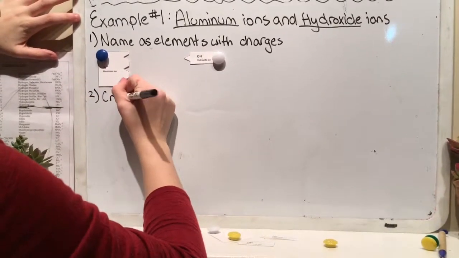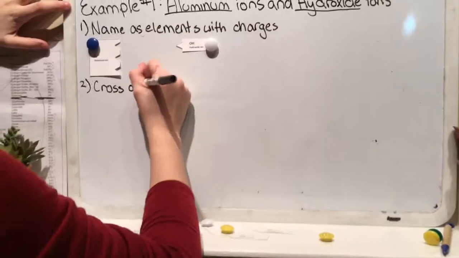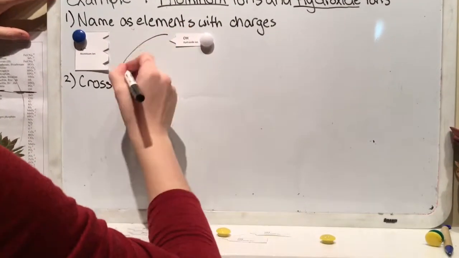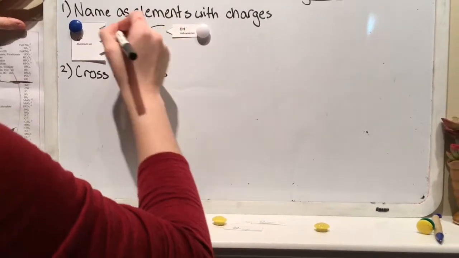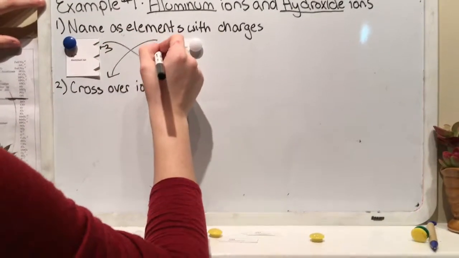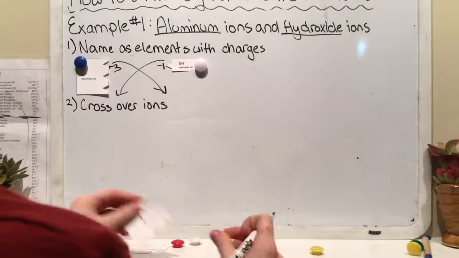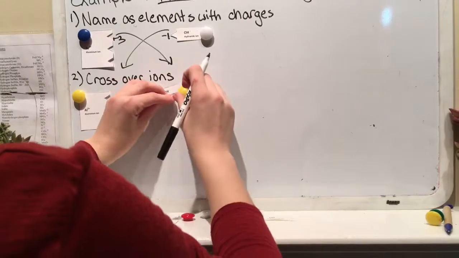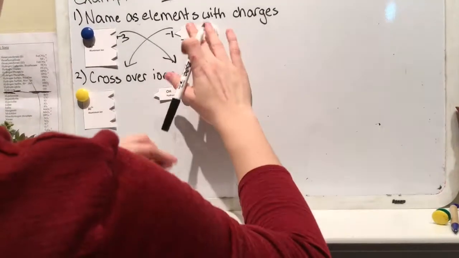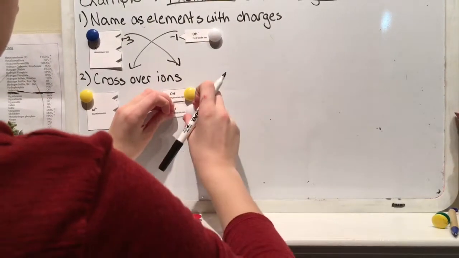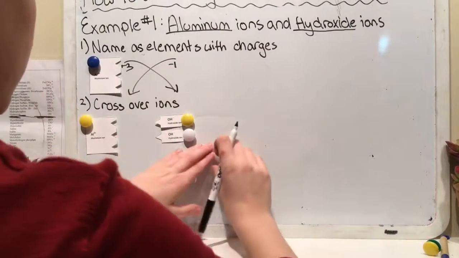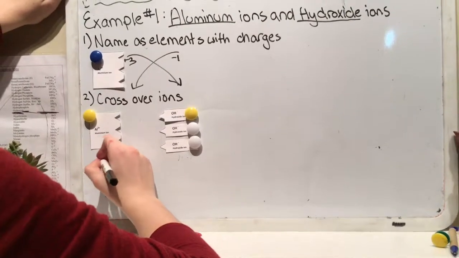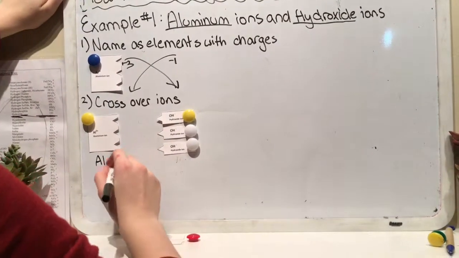Step 2 is to cross over the charges. -1 will be crossed over to aluminum, and +3 will be crossed over to hydroxide.